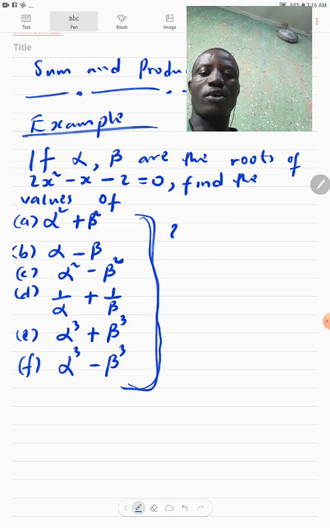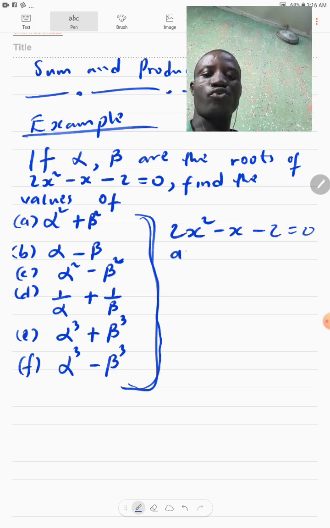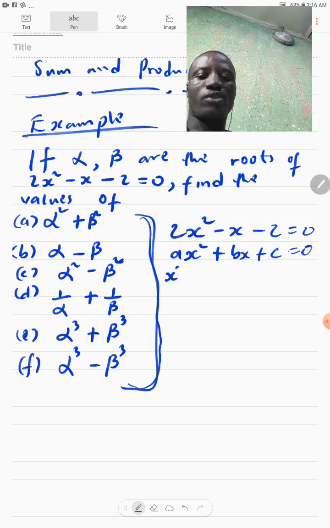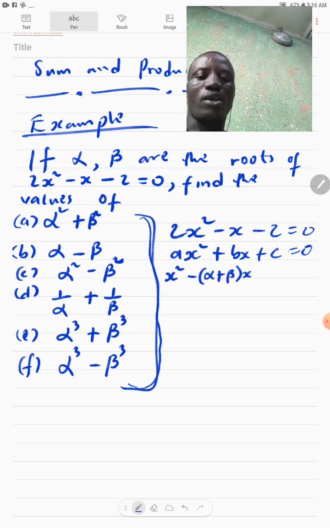Writing our given quadratic equation, we can compare it to ax squared plus bx plus c equals 0, and to x squared minus (alpha plus beta)x plus alpha beta equals 0.